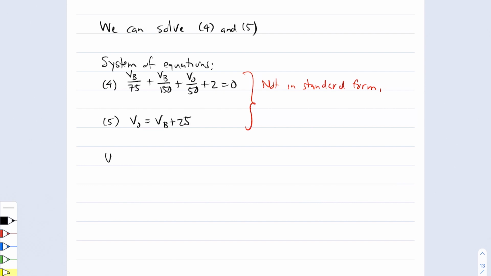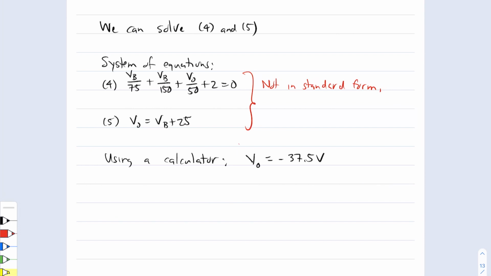But we can use a calculator. And one of the things that you will find as you use that calculator is that V naught, which is what we were looking for, is negative 37.5.